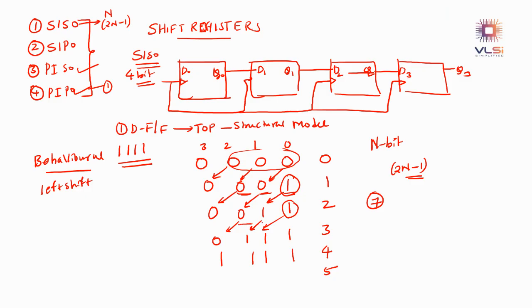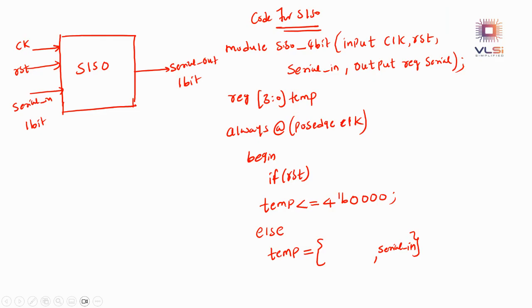So here you can write temp, what is the index value? 2 down to 0. Okay, temp[2:0], and next, continuation. So this is left shift.